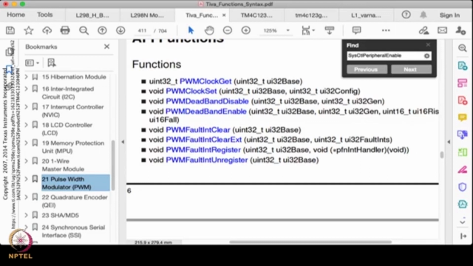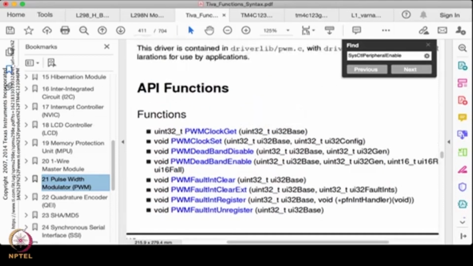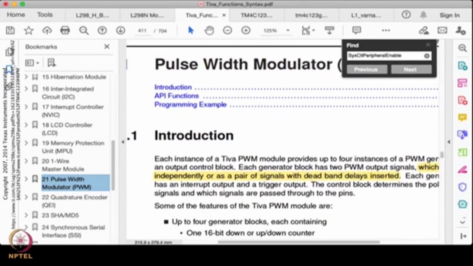But you may be able to figure it out based on the block diagram understanding, that I need to first initialize this, first initialize that, then do this, then do that. Or you can directly see the programming examples that are given. That will give you a better understanding.